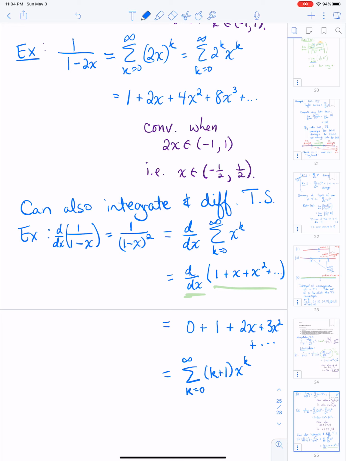And so it turns out that this is the Taylor series for 1 over 1 minus x squared.